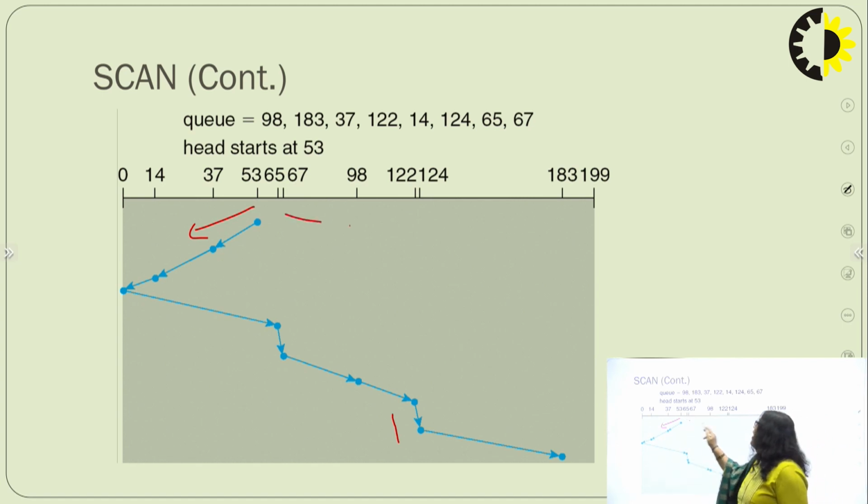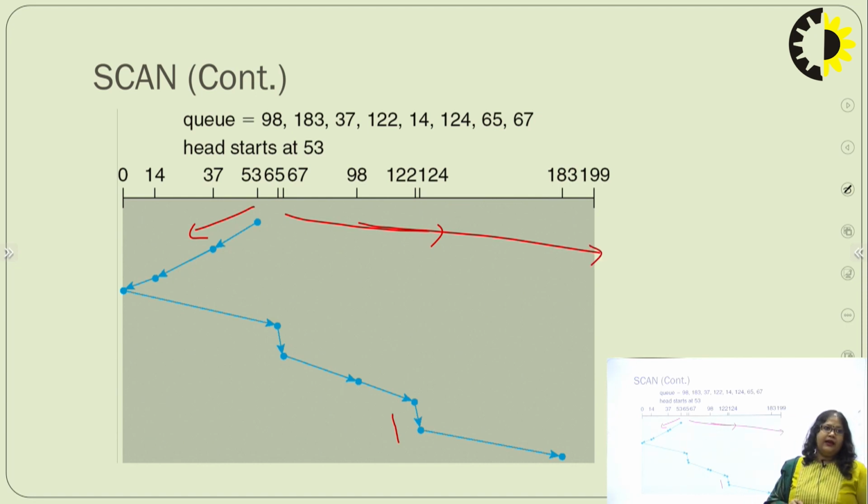If we move upward from 53, then we move till 199. If we move downward, we move till 0. If we move upward, we move till 199, the end position of this series. The total range of this disc scheduling algorithm is tracks 0 to 199. This is the view of the scan algorithm, and it should always be kept in mind.